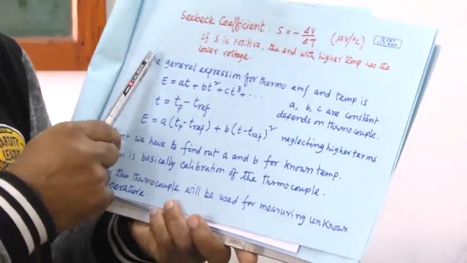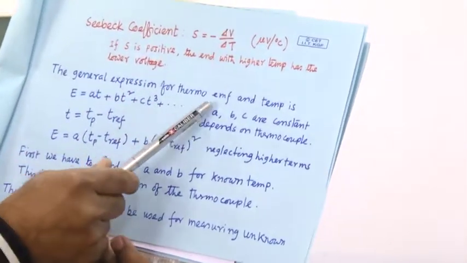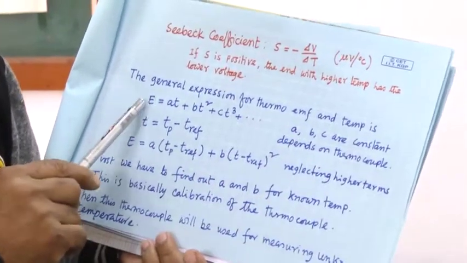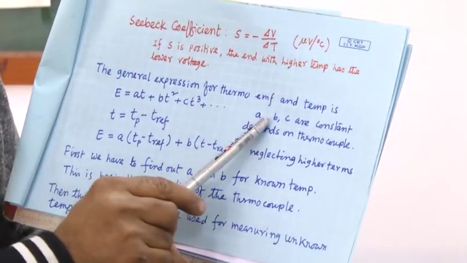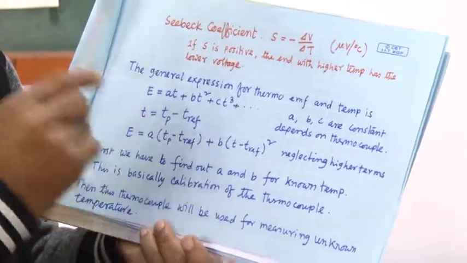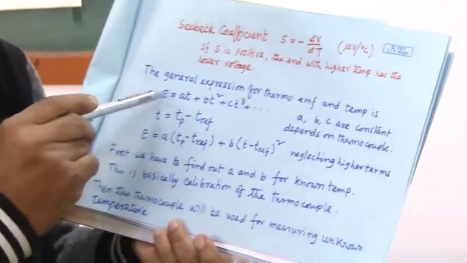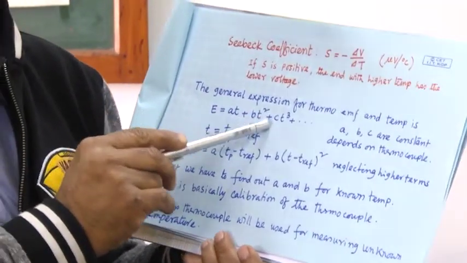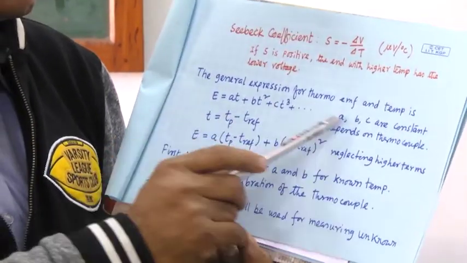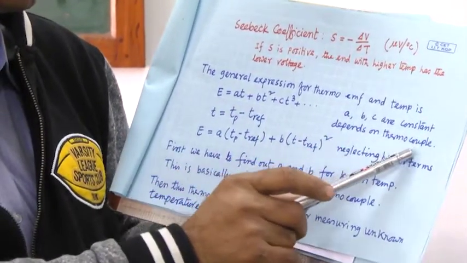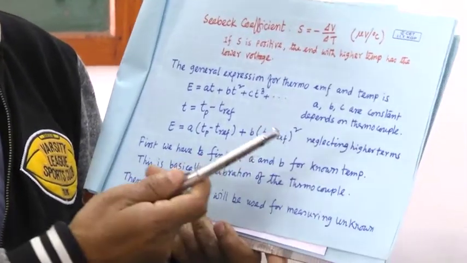In general, the expression for thermo EMF and temperature is E equal to AT plus BT square plus CT cube, etc. Neglecting higher terms, one can write E equal to AT plus BT square, okay, because A, B, C are constants that depend on the thermocouple wires.